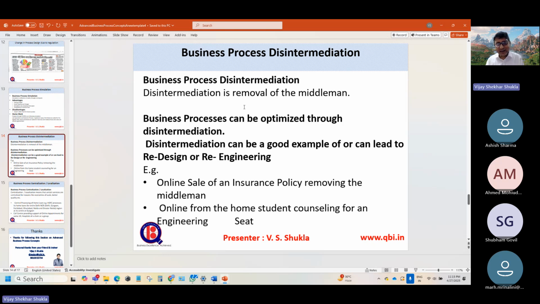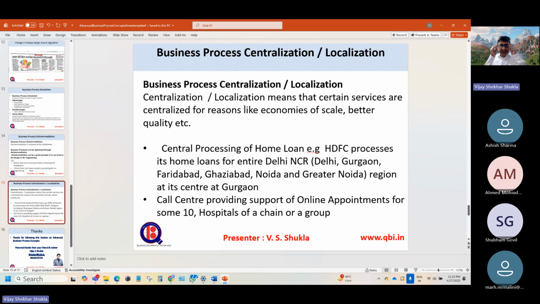But comparison companies like cardekho.com and so many others have come up, wherein you can compare automobiles across various companies. Now these platforms are re-intermediaries. So: disintermediation, re-intermediation, process redesign, process re-engineering, then process centralization or localization.